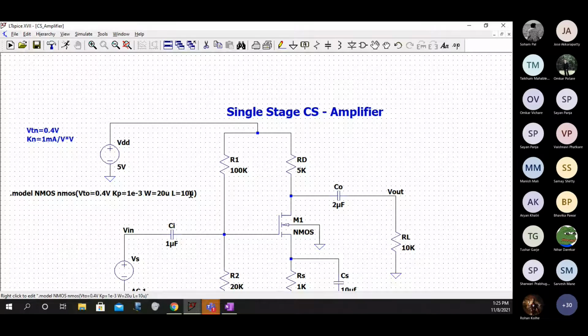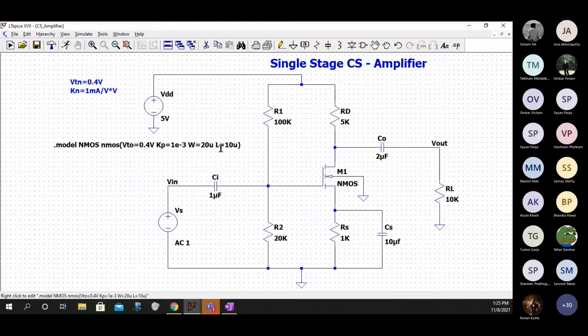Answer is yes. As long as you maintain the ratio, absolutely no problem. If you say 200 nanometers and 10 nanometers, absolutely okay. As long as the ratio is 2, no problem. So this is the reason why that W by L ratio is kept as 2, because SPICE takes this value of Kn in a slightly different manner.